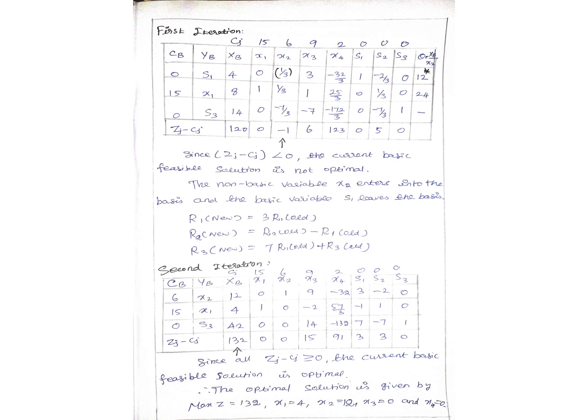The coefficient of x2 is 6, the coefficient of x1 is 15, and the coefficient of x3 is 0. So next one, the values of these variables are 12, 4 and 42.